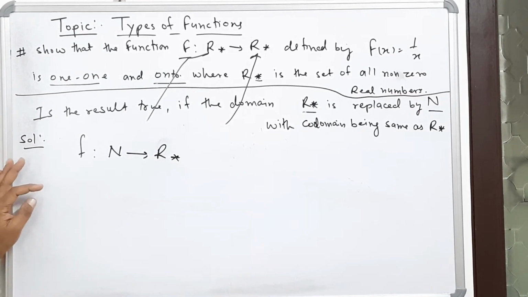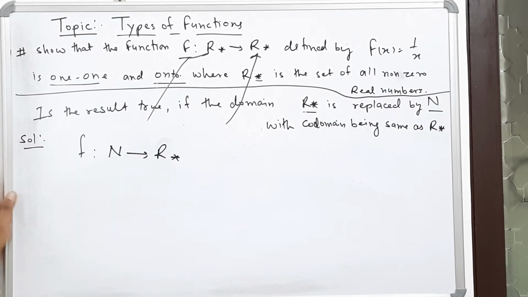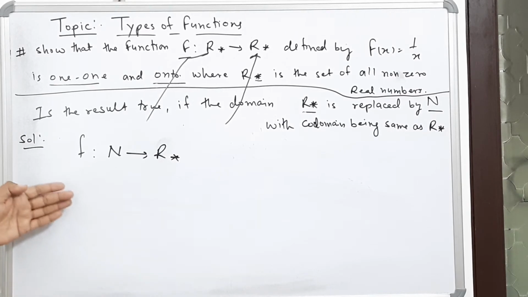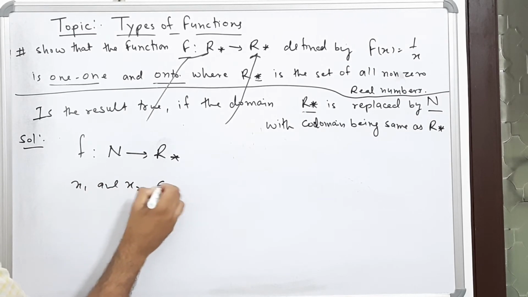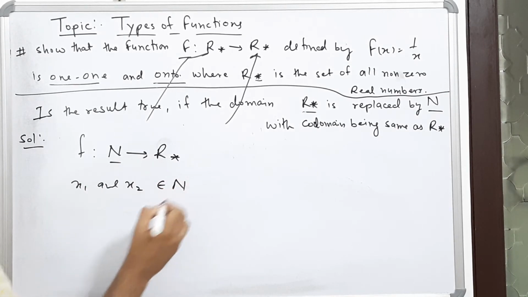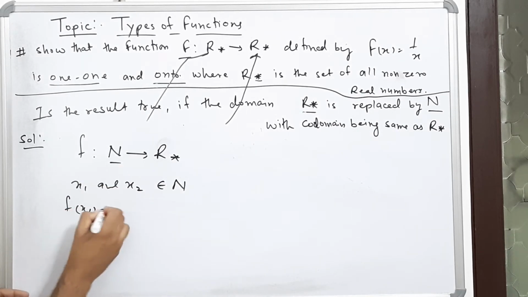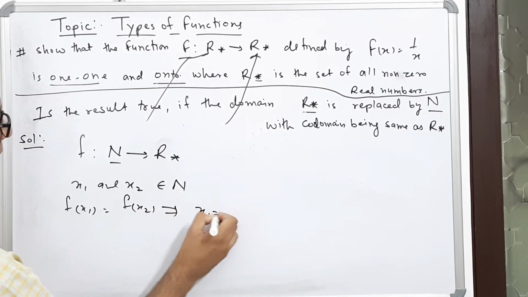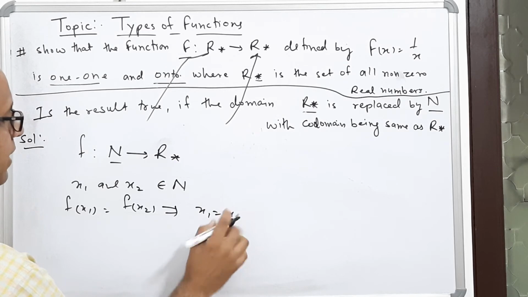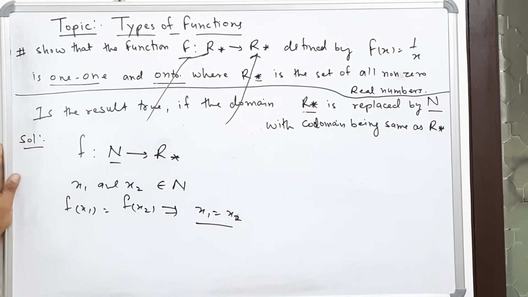In this process you will find that it will be a one-one function. There is no problem in the one-one function, because if x1 and x2 belong to natural numbers, and f(x1) and f(x2) are equal, then definitely x1 will also be equal to x2, as we have done in the previous part. There is no change in this, so it will be one-one.